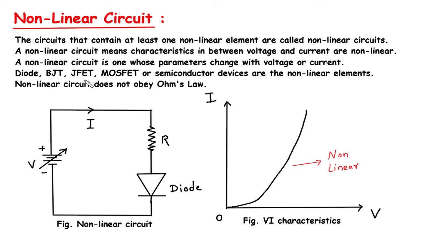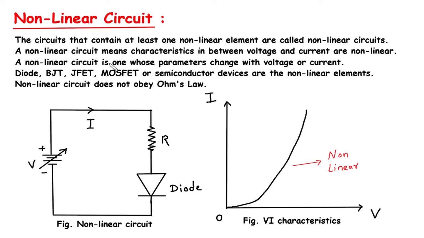Diode, BJT, JFET, MOSFET or semiconductor devices are non-linear elements. A non-linear circuit means the characteristics between voltage and current are non-linear. Here we can see this is the VI characteristics of this circuit and here the plot is non-linear.